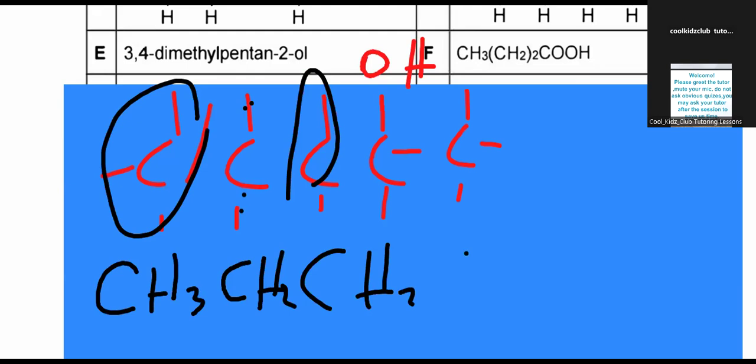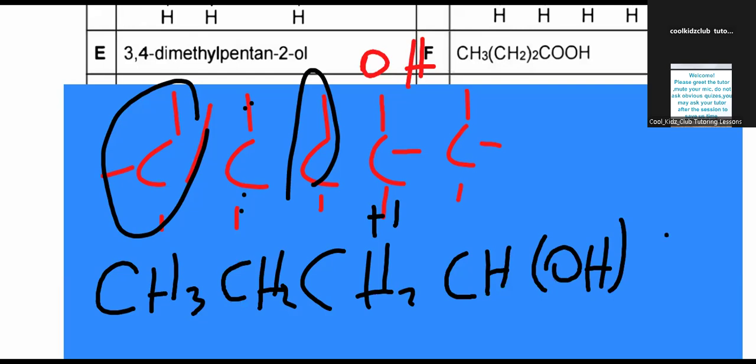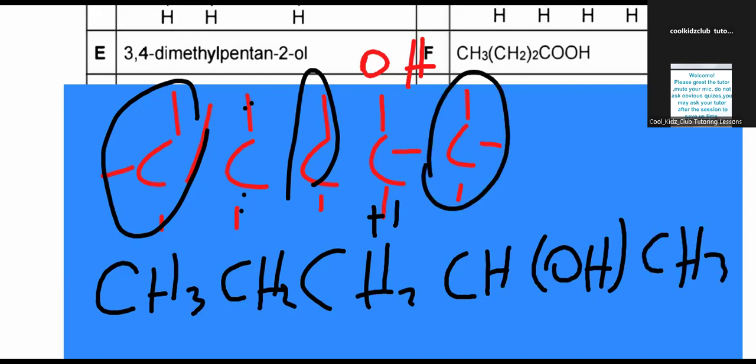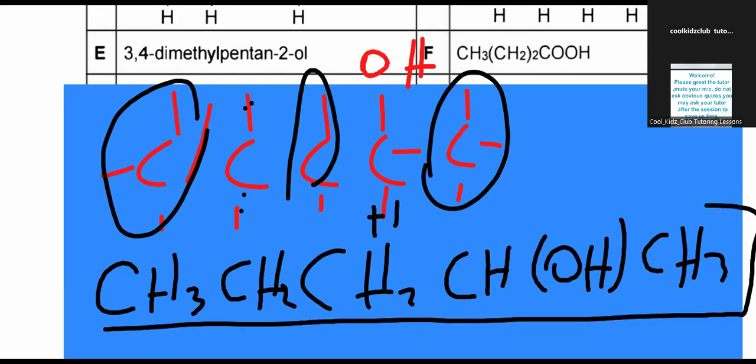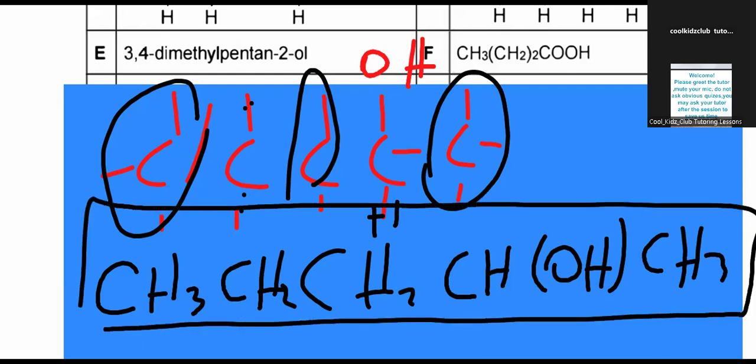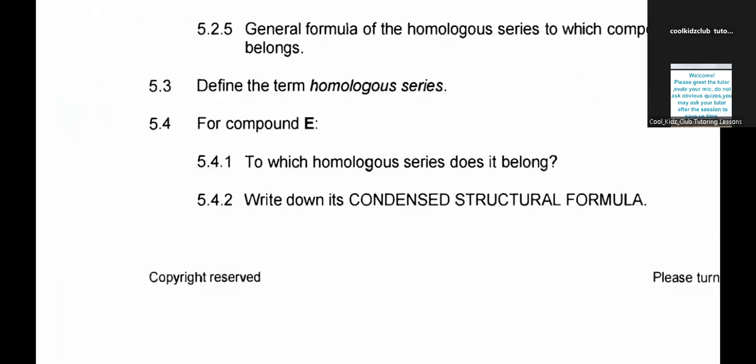Now, the fourth one has only 1 H, and in brackets, you will tell them that there is that OH. And the last carbon has 3 hydrogens. This is how you write a condensed structure, okay? That's how you do that, my good learners.